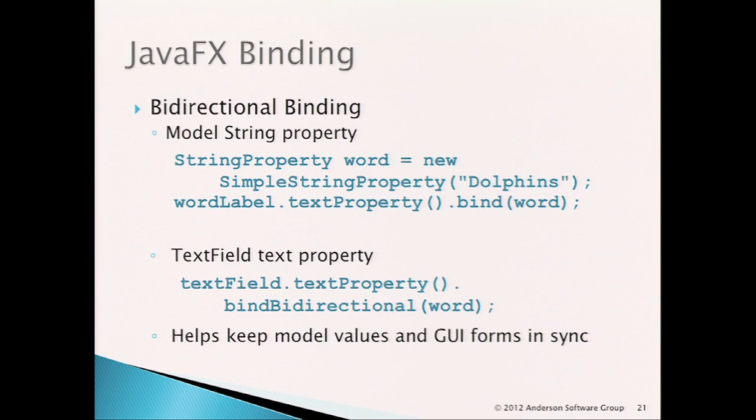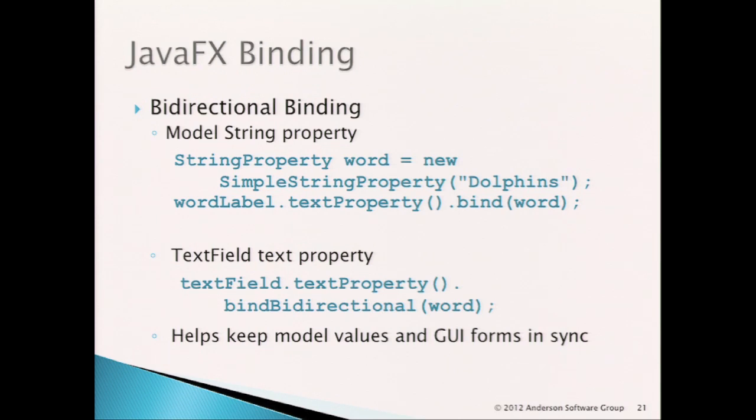Now that was in the direction of typing in something in the text field. Remember that Gail clicked on the reset button. When Gail clicked on the reset button, we updated the string property word. So when we updated the word, then the text field input will change. So you saw the text field input go back to dolphins.